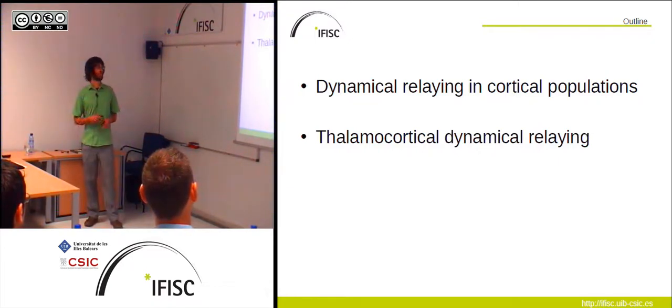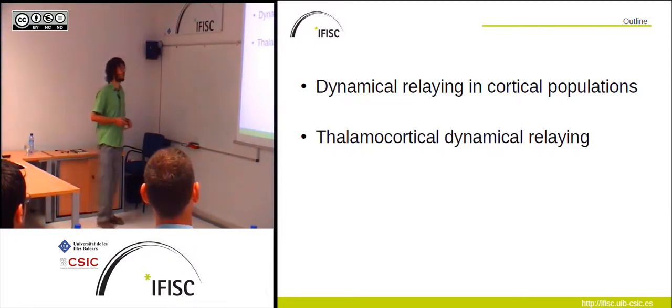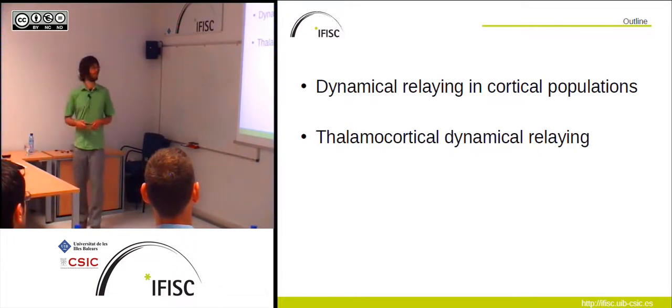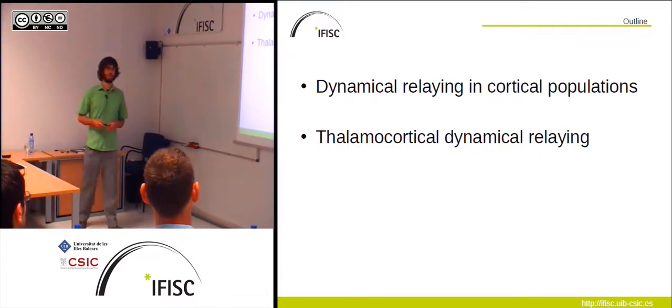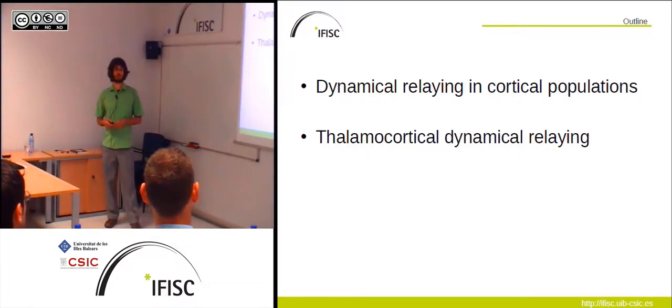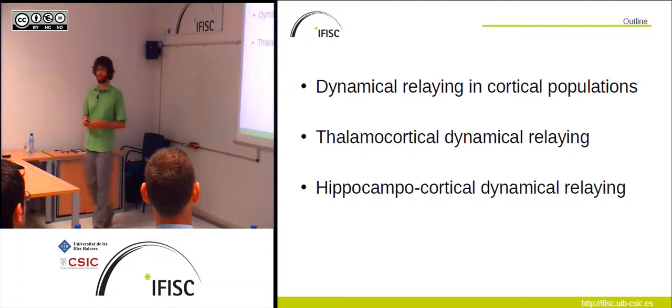Then we concentrate on more specific circuits. In this case, the thalamocortical circuit first, because the thalamus is thought to be an important relay station of the brain, the natural relay station of the cortex.